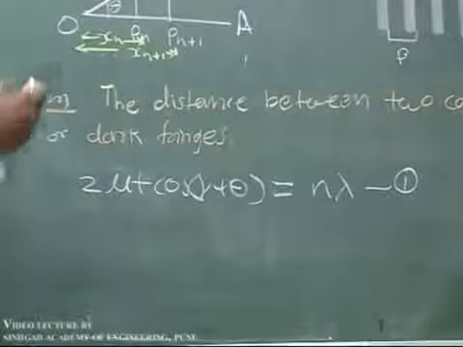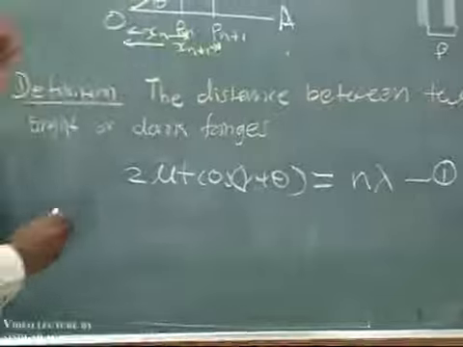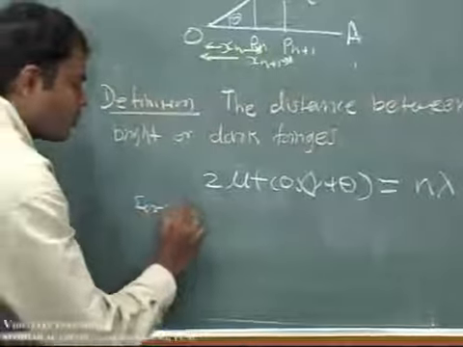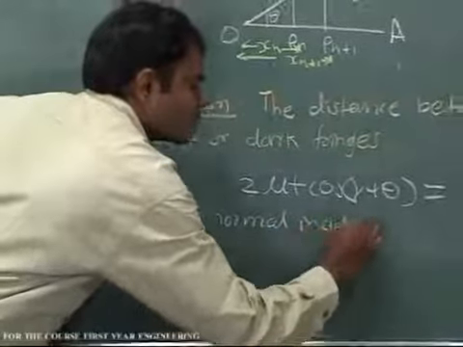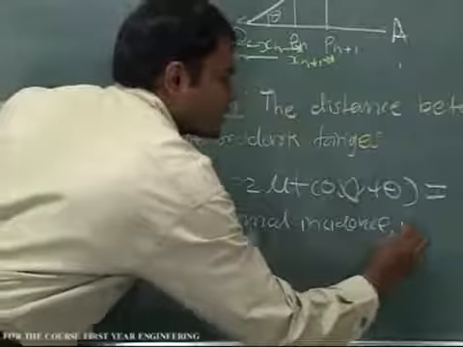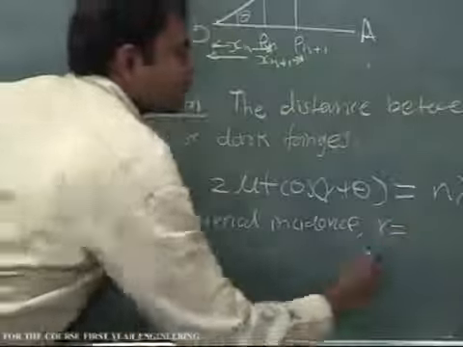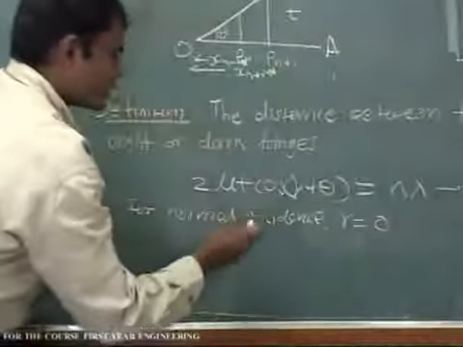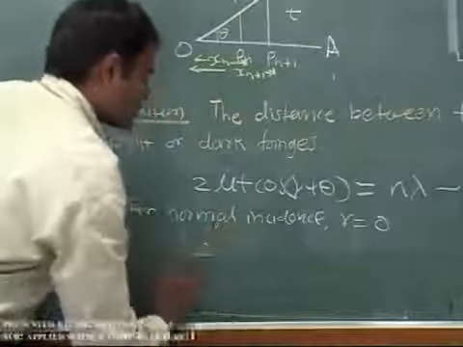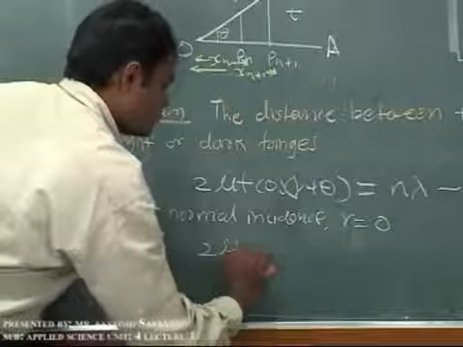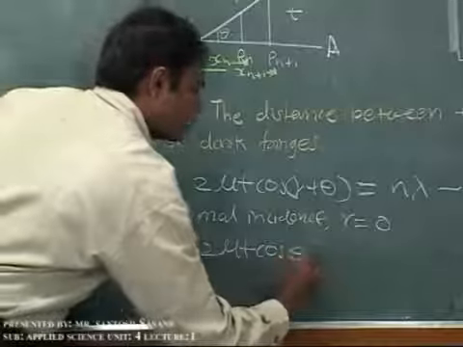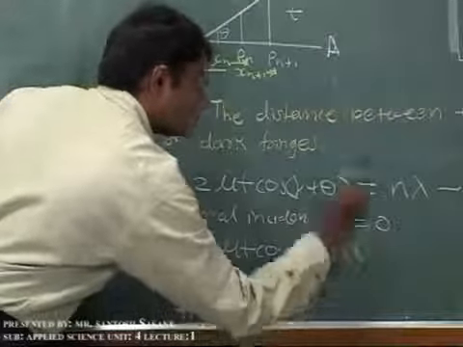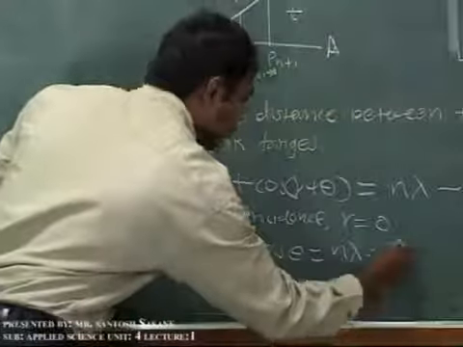Now if we consider normal incidence, angle r is equal to 0, and this equation can be simplified as 2μt cos θ is equal to nλ. This is equation number 2.